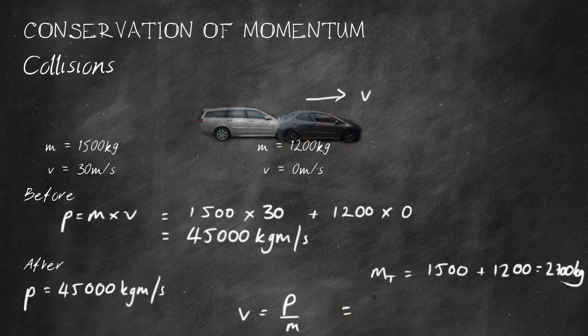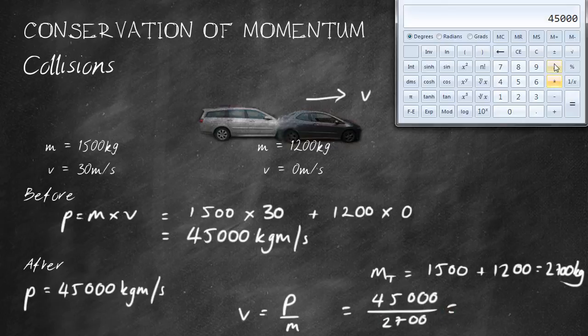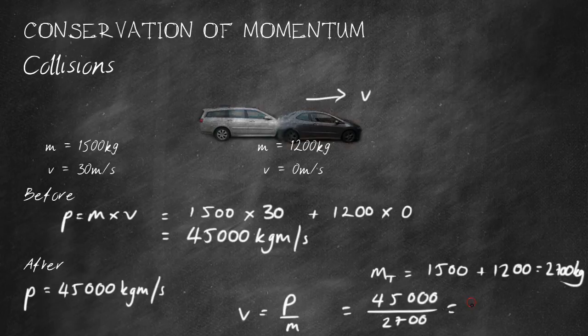So momentum, 45,000 divided by 2700 is 16.6 recurring, or 16.7 meters per second. Okay, so that's pretty simple really once you know how.